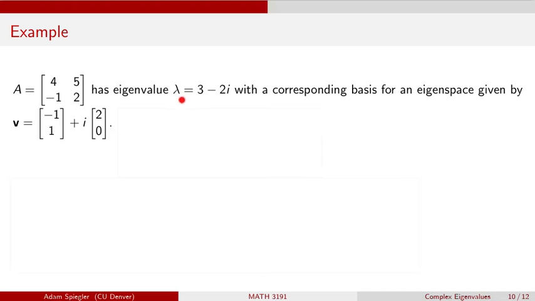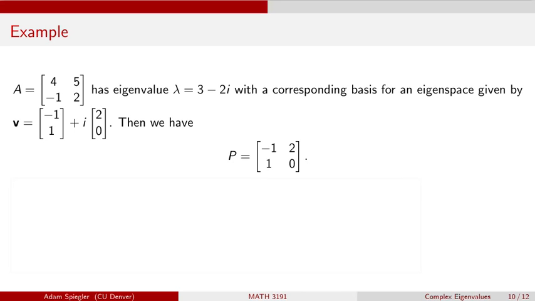For this eigenvalue, 3 minus 2i, a corresponding basis for its eigenspace, we found, could be written as v, where v has a real part (-1, 1) plus i times the imaginary part, which is (2, 0). So that's one such basis for the eigenspace corresponding to lambda equals 3 minus 2i.